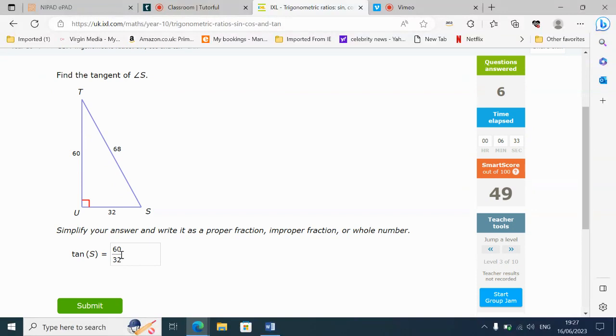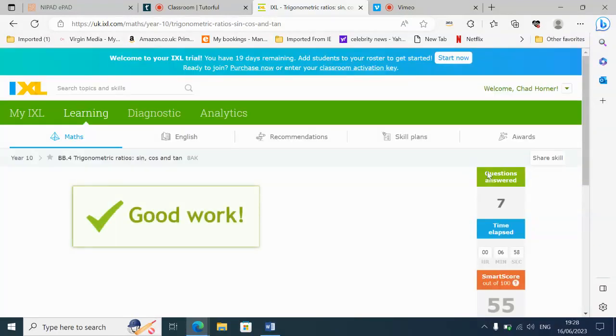Yeah. 60 would become 30 and 32 would become 16. Can we go even lower? Yeah, 30 would become 15 and 16 would become 8. Okay, 15 over 8. Good work.